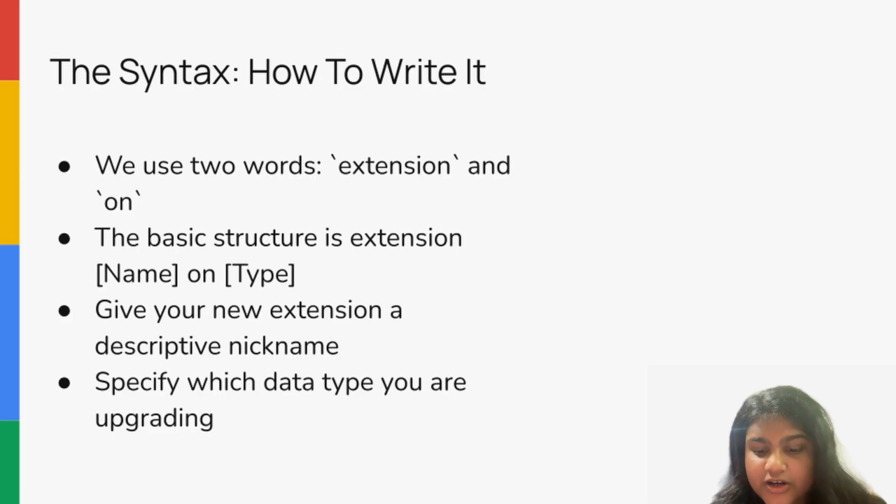This is critical for scope resolution. If you and another library both define an extension called capitalize, the Dart compiler uses this name to resolve the conflict. It prevents namespace pollution. And next is the type. This is your target. You are specifying exactly which class you are upgrading.